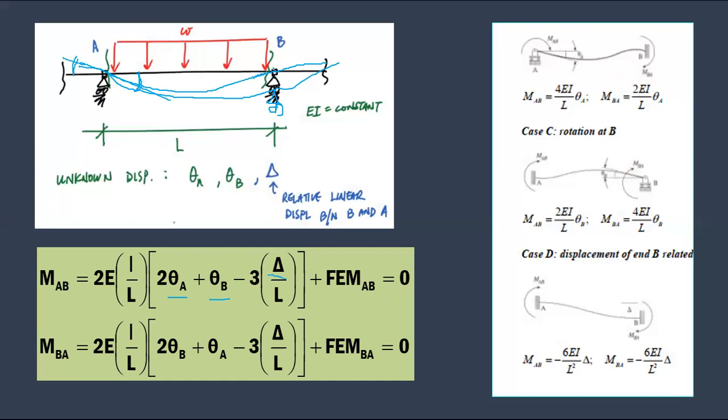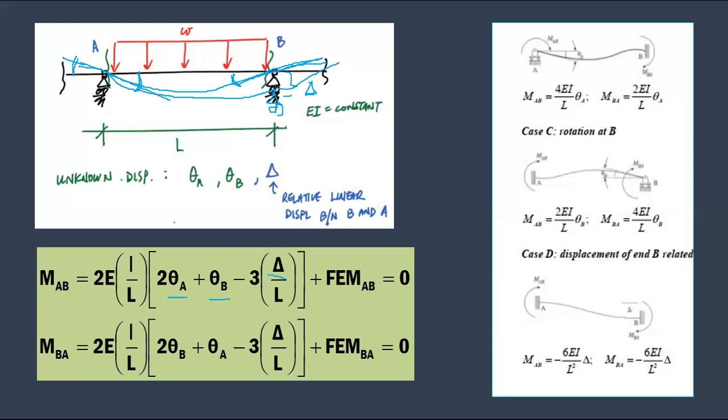And you can have support settlements as well, delta, at any of the supports. This support settlement is called delta relative. I'll tell you what delta relative is. So theta B is the angle of rotation at B, right?